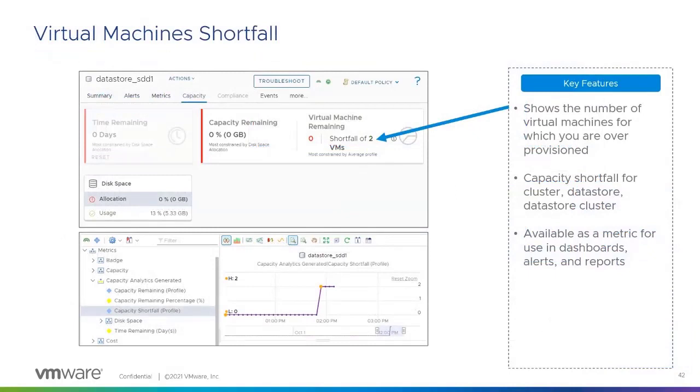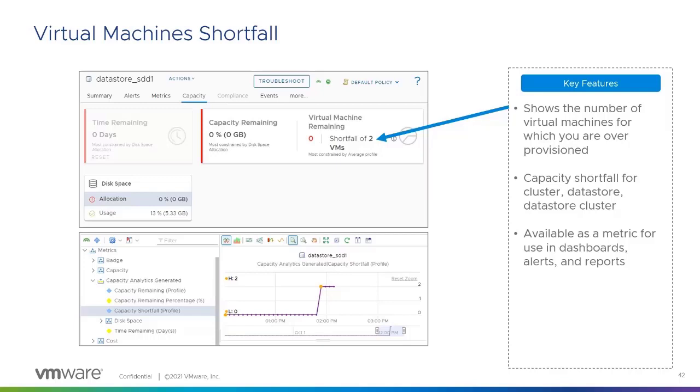And then the other thing I want to point out is if you have a cluster that's basically out of capacity, so you've gone beyond what the cluster can handle, the system will actually identify the shortfall for the virtual machines. So like this particular cluster, I have no VMs remaining, but I've gone beyond by 2 virtual machines.